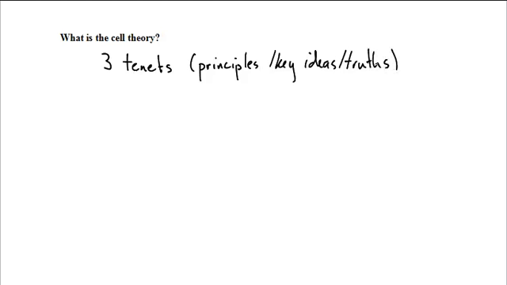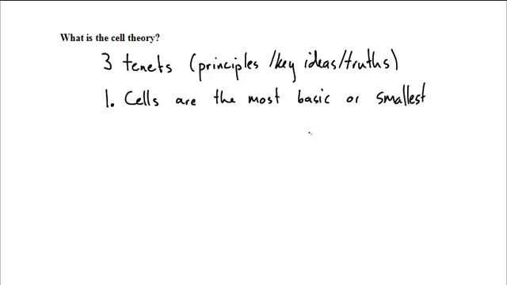And the three tenets to cell theory, the three things we know to be true about cells, are that 1, cells are the most basic or smallest unit of life, as we defined above. Not that they aren't made up of smaller parts, but those parts by themselves cannot perform all the functions necessary to life.